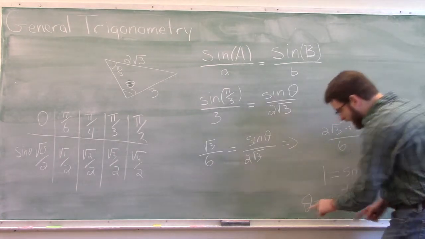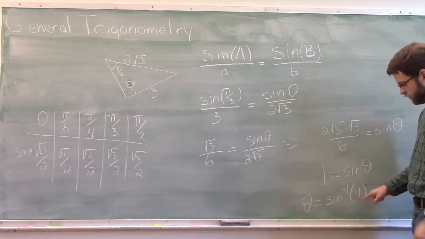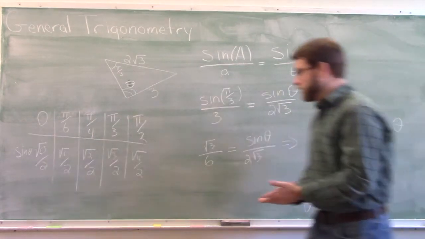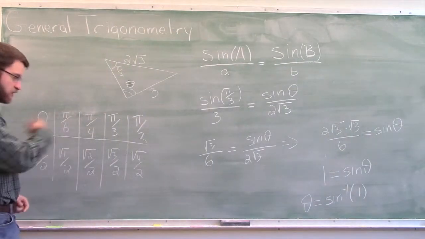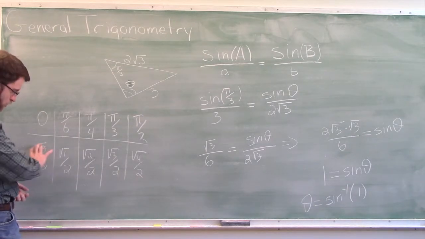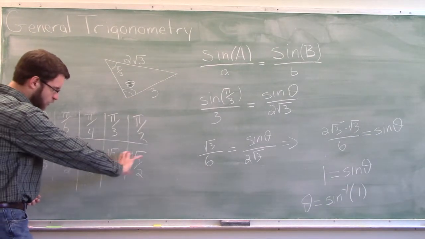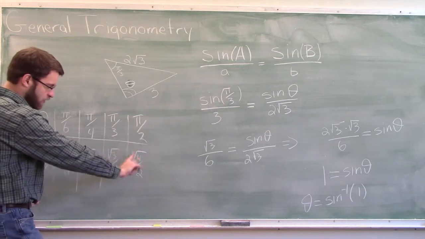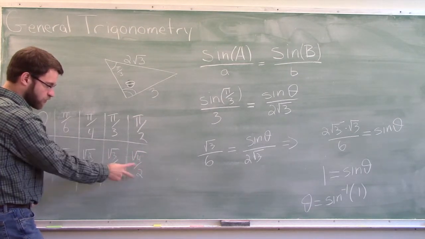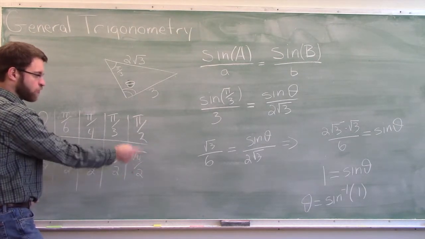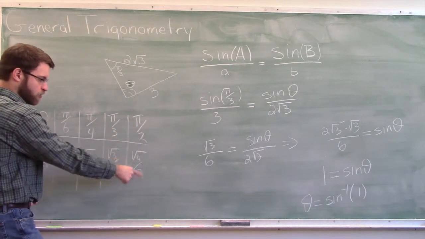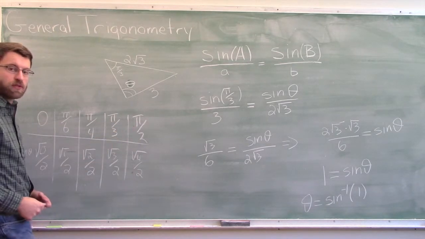We want to know what angle gives the sine function the value of 1. We can figure that out by using this table in reverse. We look at the output of sine and try to find that. We see we have the square root of 4 over 2, which is equal to 1. The corresponding angle, the input to sine that produces 1 as output, is pi over 2.